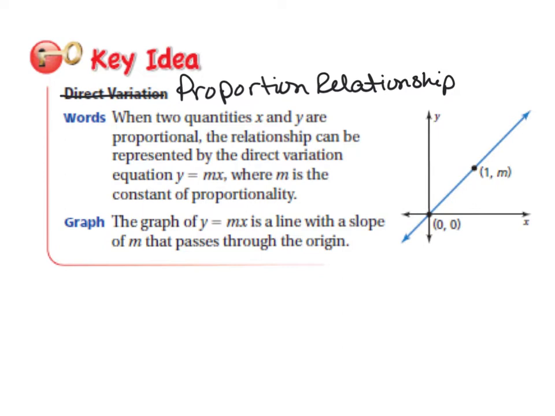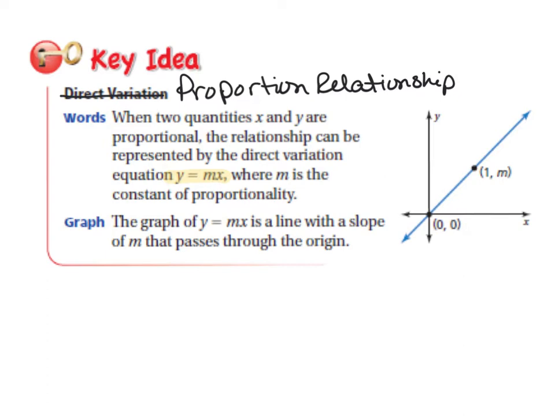The relationship can be represented by the direct variation equation y equals mx. This is going to look awfully familiar to you because y equals mx plus b is our linear equation. This is just y equals mx, where m is the constant of proportionality.